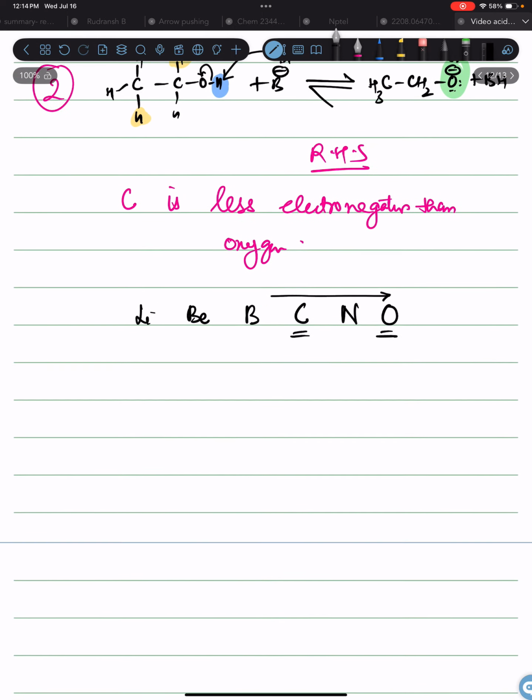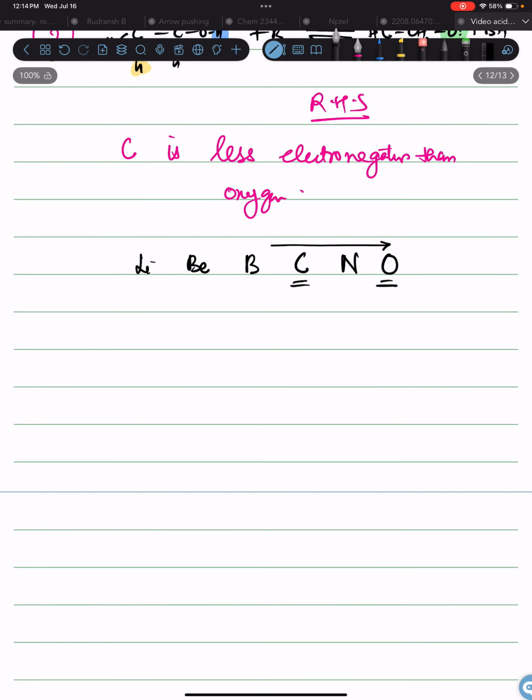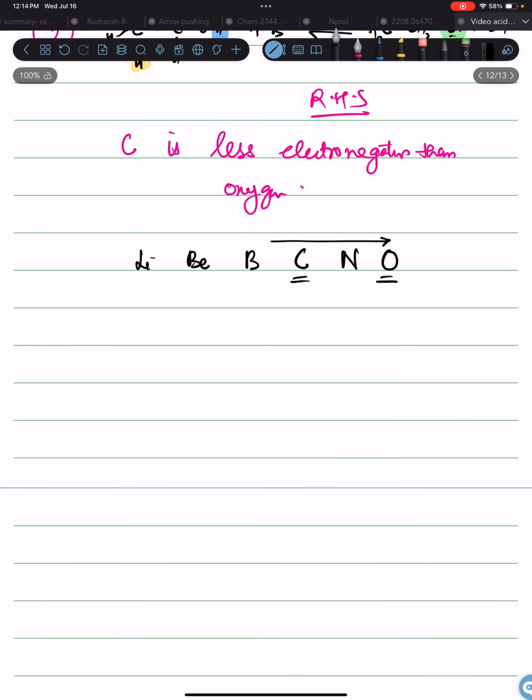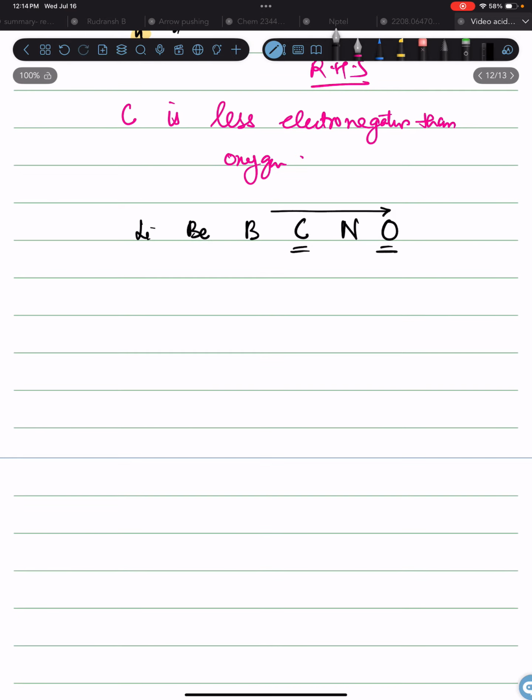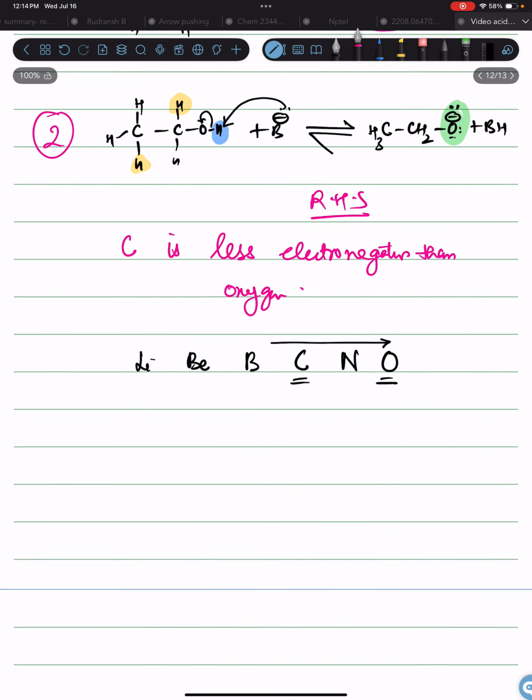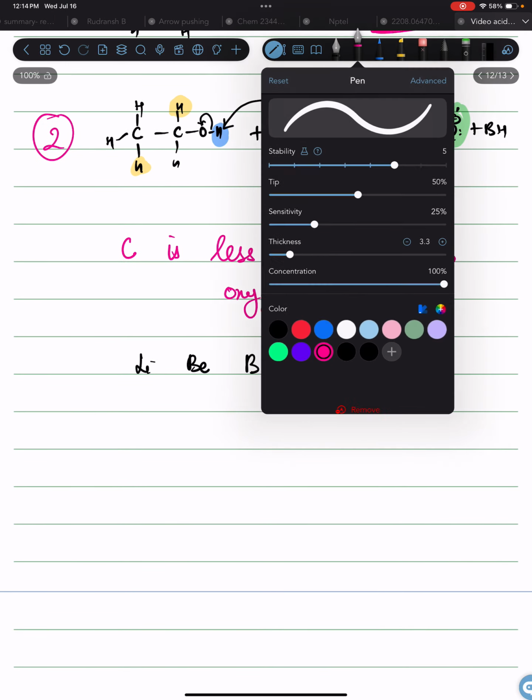Now if we have a negative charge on atoms which belong to different periods, how are we going to work? So let's take the example of equilibrium 2 with equilibrium 3.